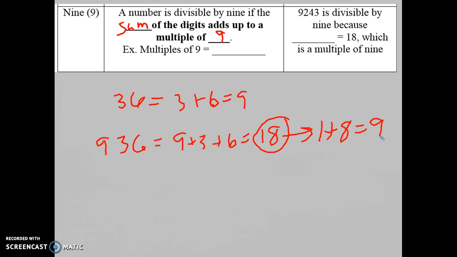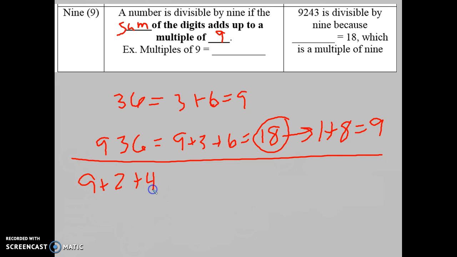Let's test our example over here, 9,243. If we take 9 plus 2 plus 4 plus 3, 9 plus 2 is 11, plus 4 more is 15, plus 3 more is 18. 18 is a multiple of 9, therefore it is divisible by 9.